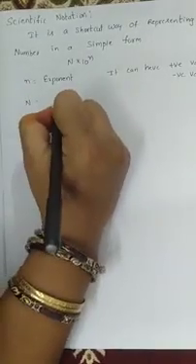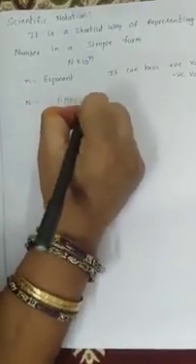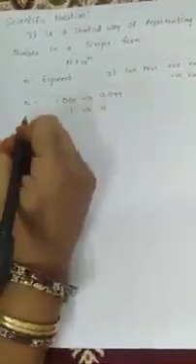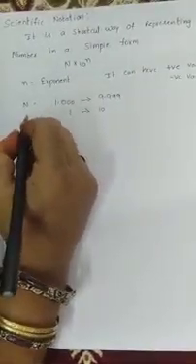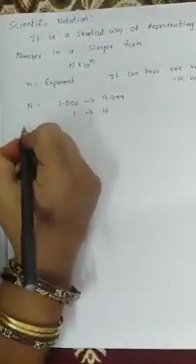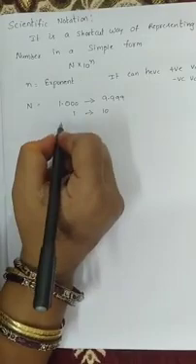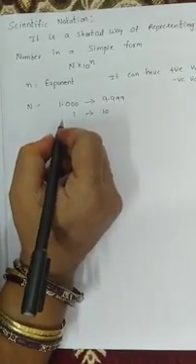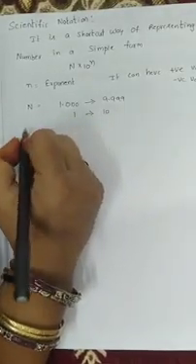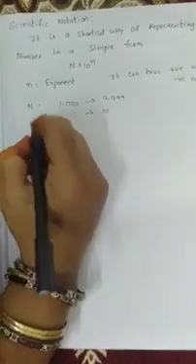Capital N value is between 1.0002 to 9.999, or 1 to 10. Why do we use scientific notation? We use scientific notation to simplify a big number to a small number, the smallest form.